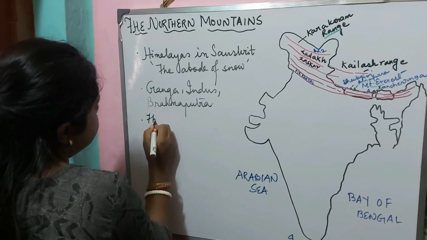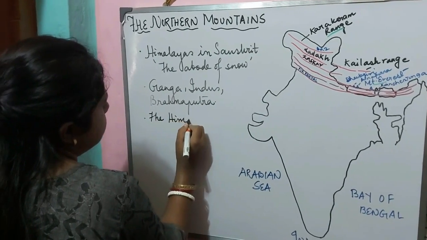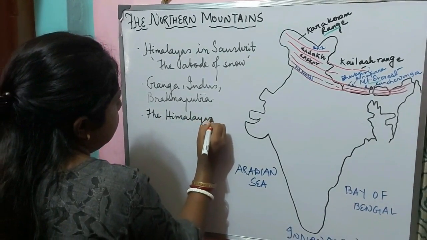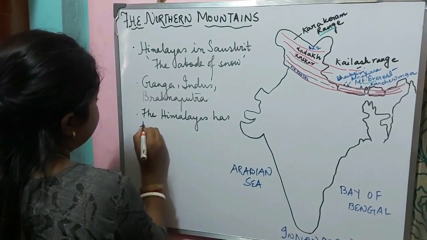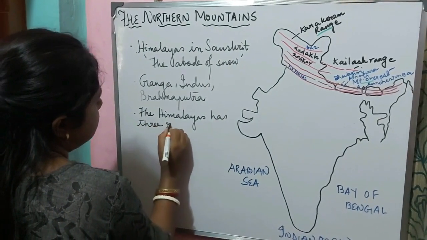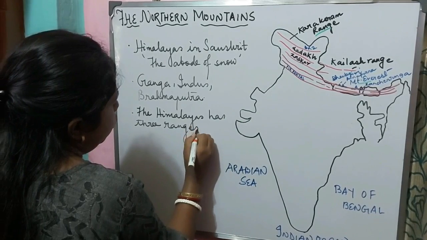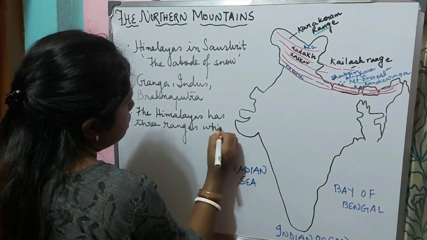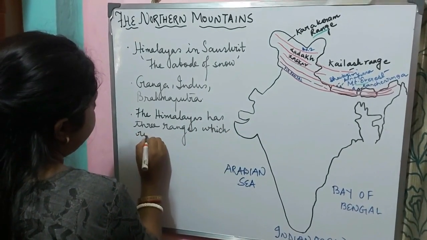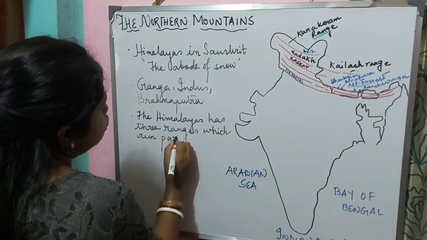The Himalayas has 3 ranges which run parallel to each other.